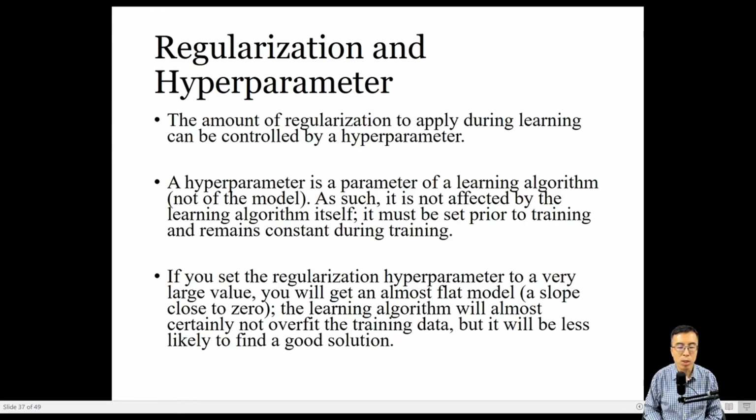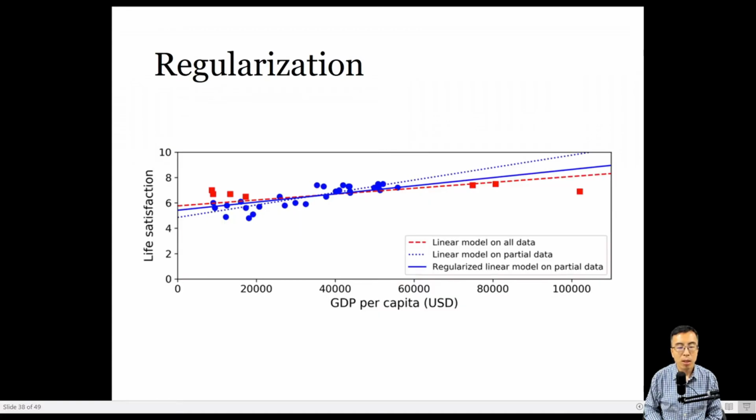And if the regularization is too much, then the model is not really predicting that much because the slope are essentially approaching zero. Let's take a look at example of regularization. First, we train the data on GDP per capita and life satisfaction using the entire data set. We train a linear model denoted by the dash red line.